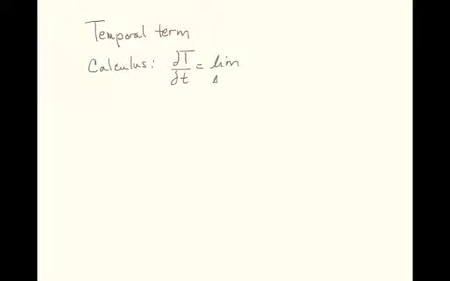So consider the temporal term. We know from calculus that dT/dt is equal to, in the limit as delta t goes to 0, delta temperature over delta time, which we can express as T of n plus 1 minus T of n over delta t, where delta t is your time step.